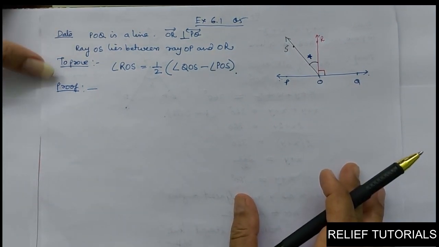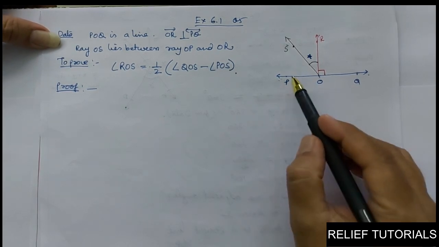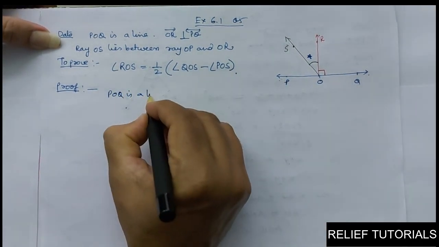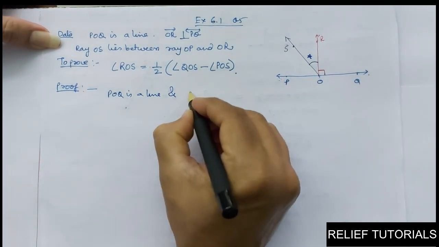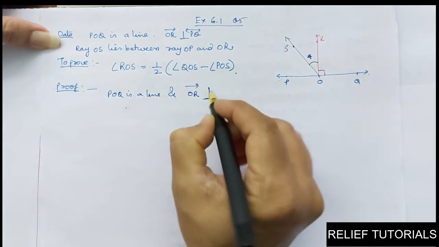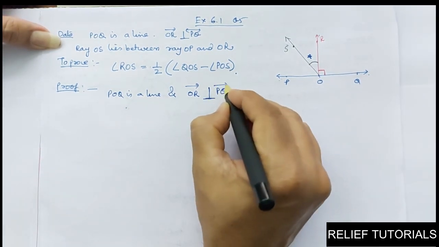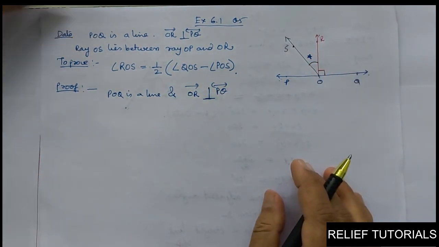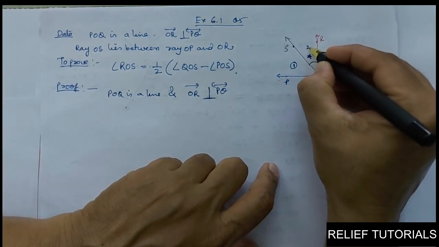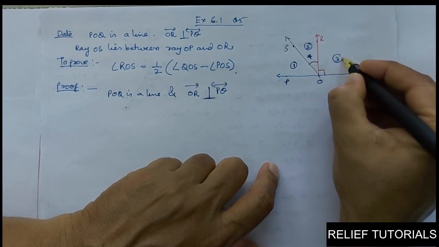So first you should be aware of what is given. Your data is POQ is a line, and ray OR is perpendicular to line PQ. See here, I will discuss one thing. This is angle 1, this is angle 2 and this is angle 3.